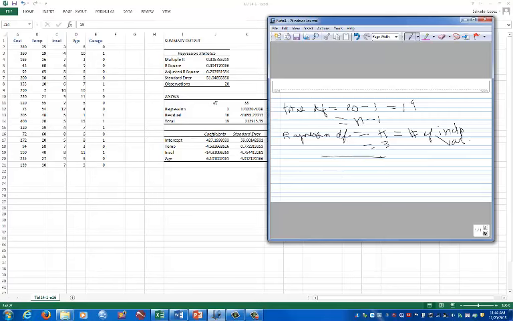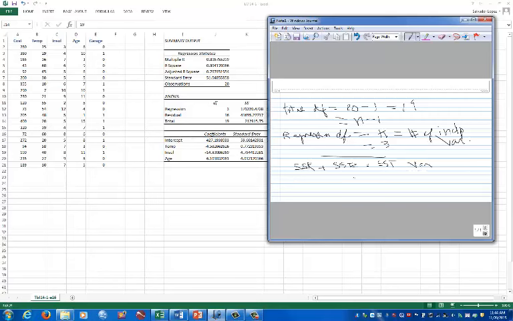All right, so total degrees of freedom equals regression degrees of freedom plus error degrees of freedom. So in other words, SSR plus SSE, the sums of squares, equals SST, right? This is in terms of variation.